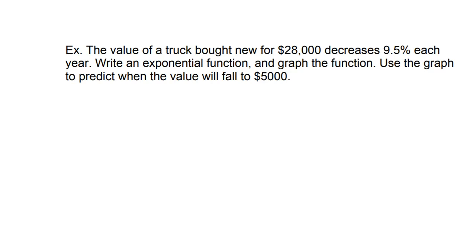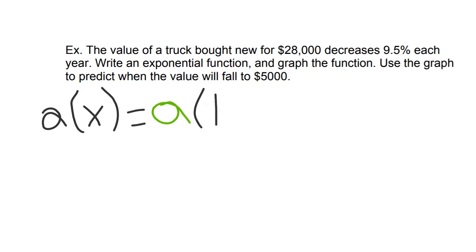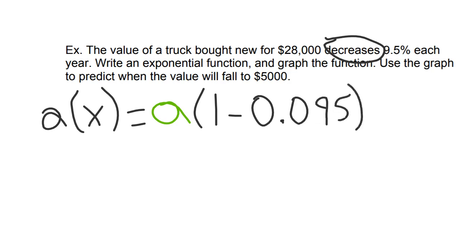So to write our function again, we've got a of x is equal to our initial value times 1, and we said this is a decrease problem, so we should put a minus sign. 9.5%, I write it as 0.095, and I put my exponent in here.